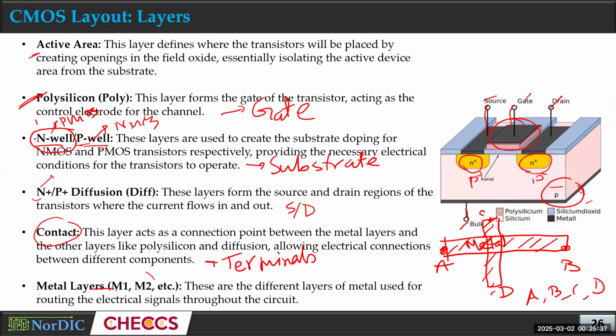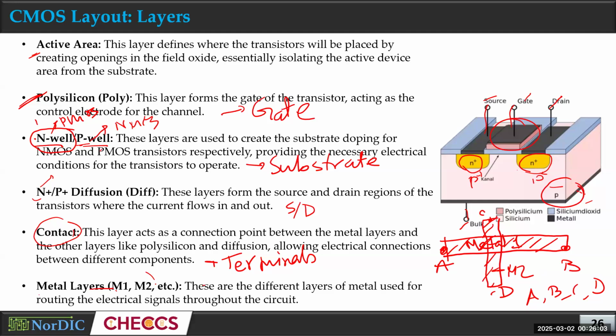But that's not what we wanted, right? We wanted to connect A and B, and C and D, but not all together. A should be connected to B only, and C to D only. But if we have one metal layer and they overlap, they will be connected. That's why, if you use one as metal 1 and the other as metal 2, even if they overlap, since they are two different metals, they will not be connected.